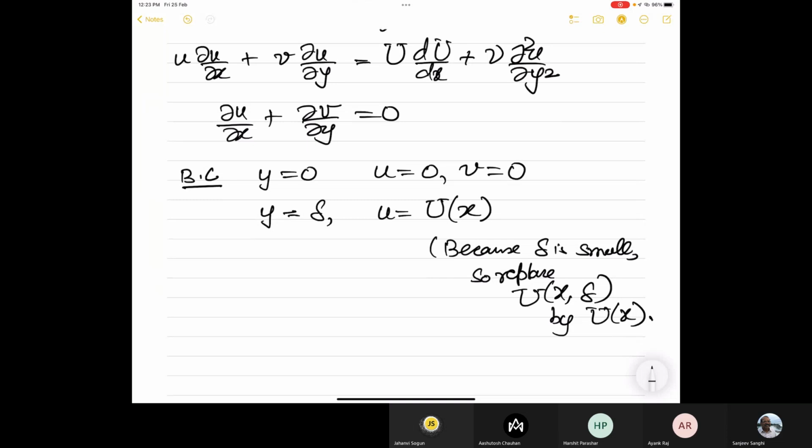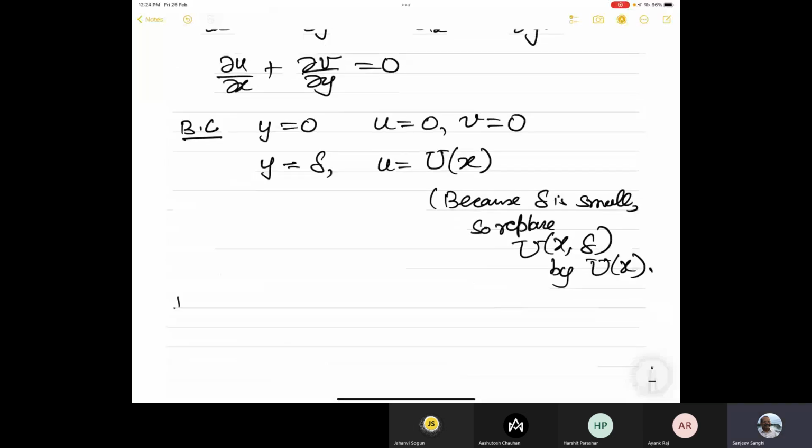So these are our equations. Now, this is in 2D.